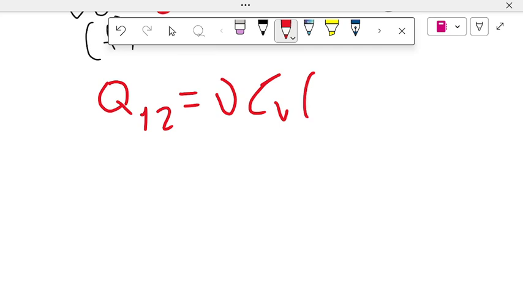I said in that example from 0 to 5, the final is 5 minus 0.